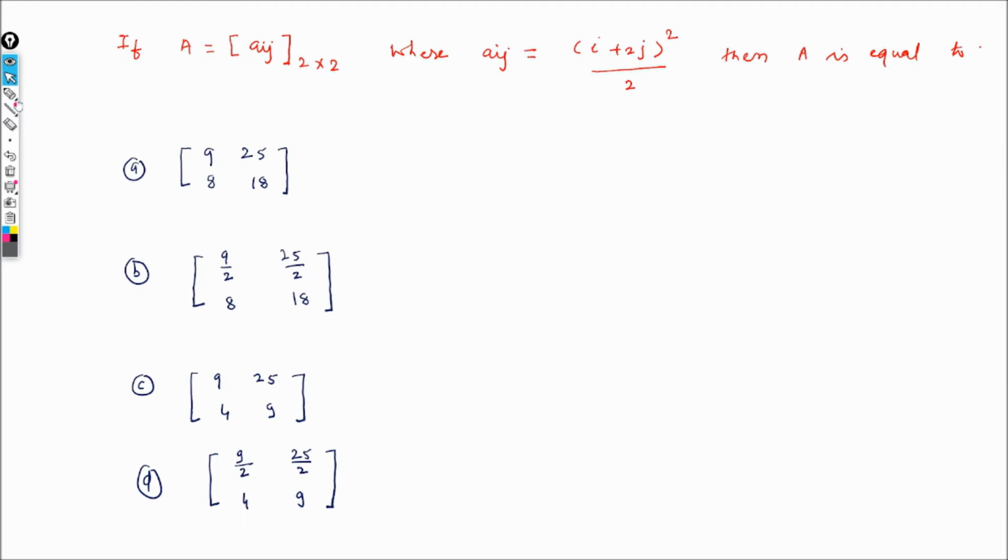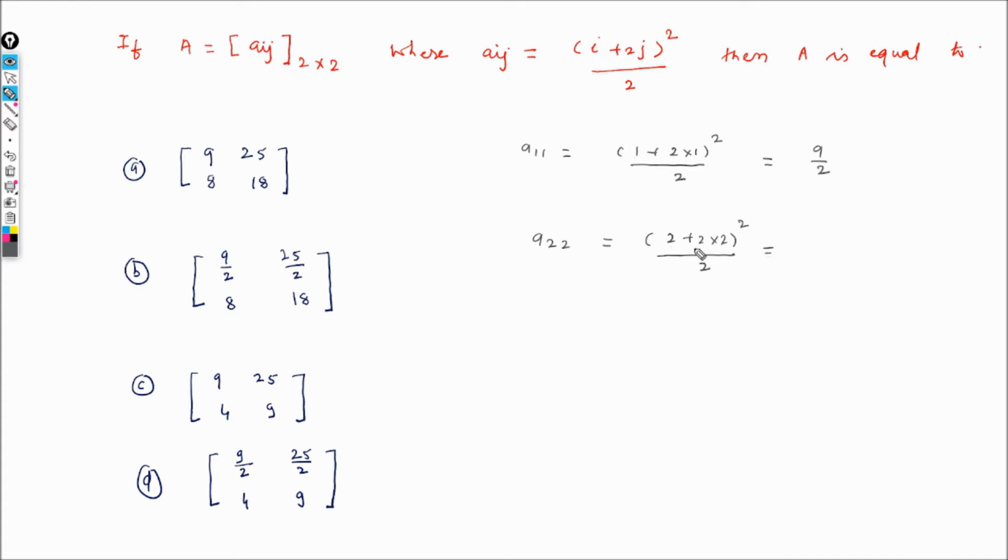Again we will do the same here. So we'll calculate the diagonal elements. a11 is (1 plus 2 into 1) whole square upon 2. That is 1 plus 2 means 3, 3 square means 9, 9 upon 2. a22 is (2 plus 2 into 2) whole square upon 2.